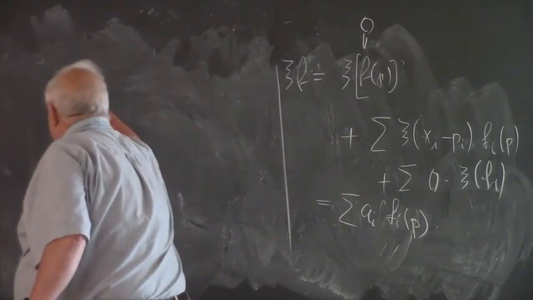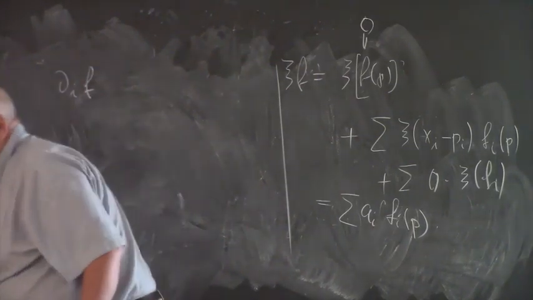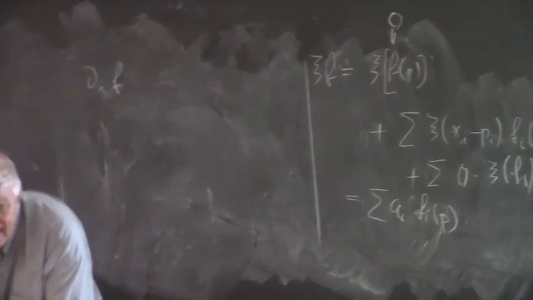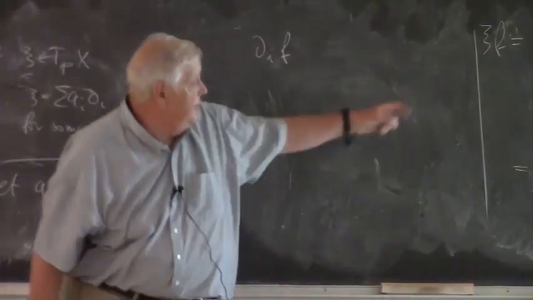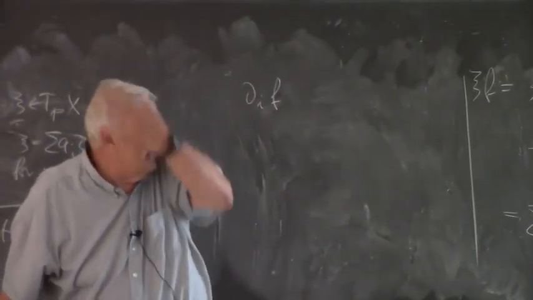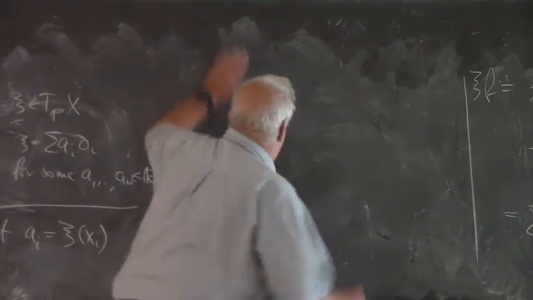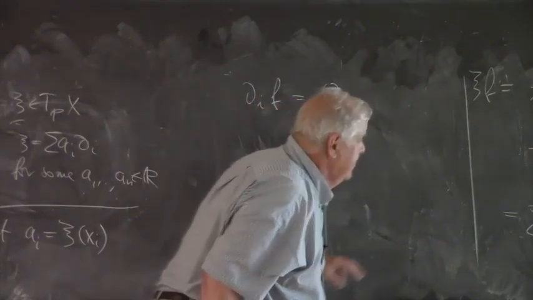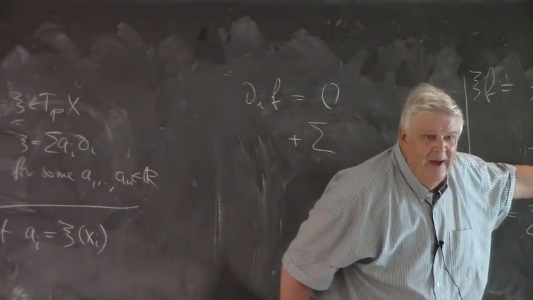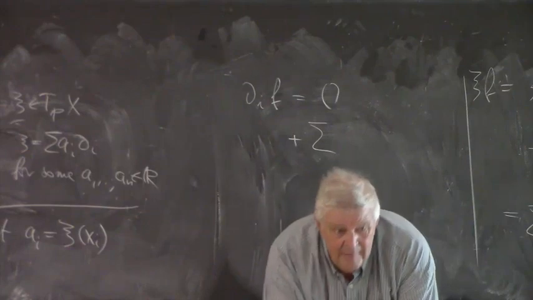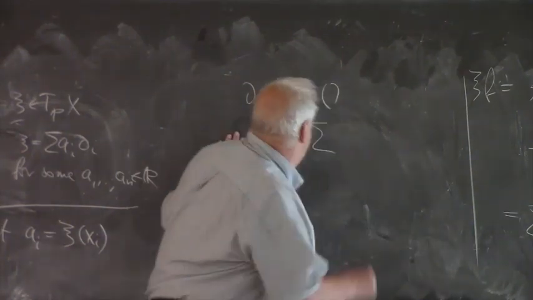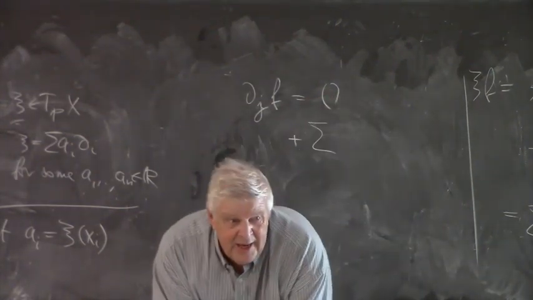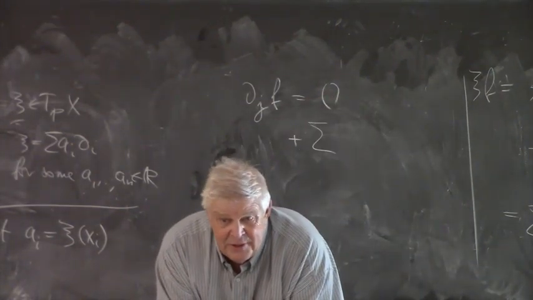Now I want to compute di of f using the same expression for f. All the same, instead of c, I have to write di, right? So this is 0. What do you think is the partial derivative? Maybe it is better to write dj because there's no dj here. If I apply dj to xi minus pi, I will get 0 if i is not j.